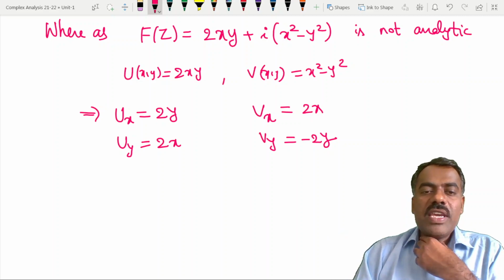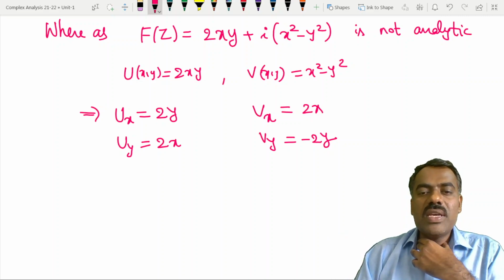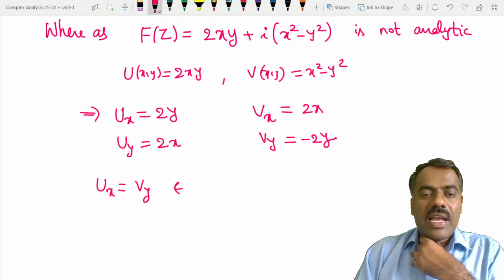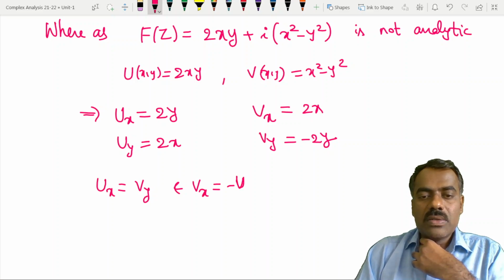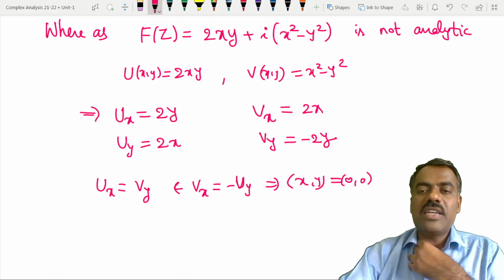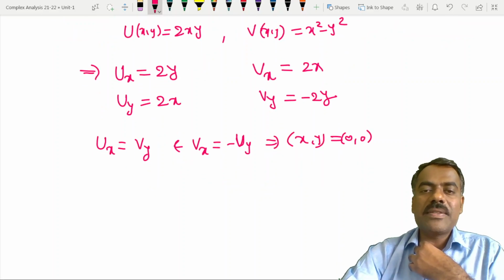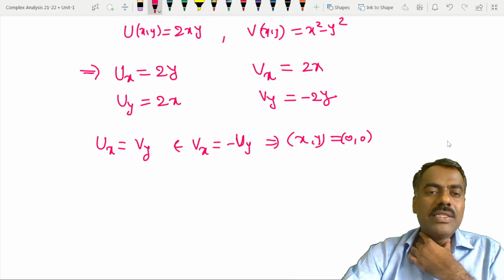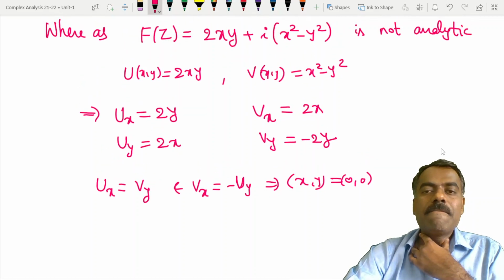So can vx equal uy and ux equal vy? From this, what will you get? ux = vy and vx = −uy implies you get (x,y) = (0,0). Is that clear? The only possibility is (0,0), right? Any problem?